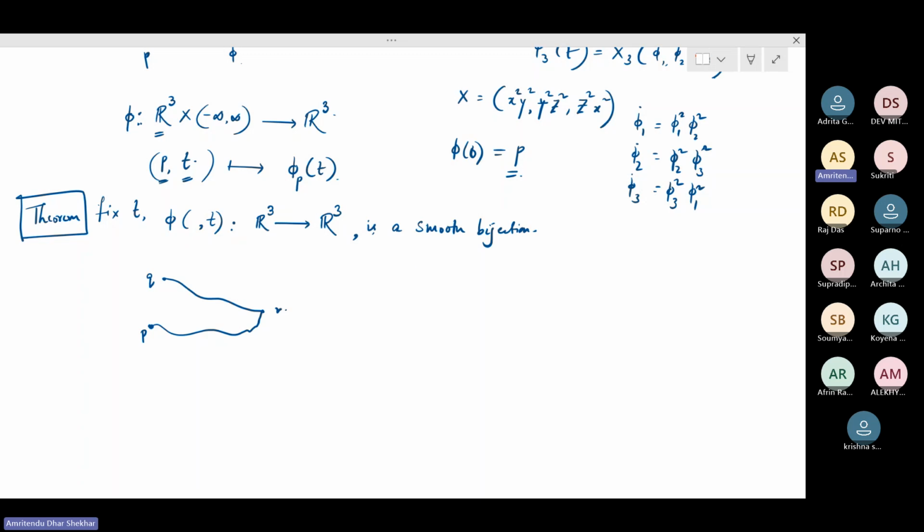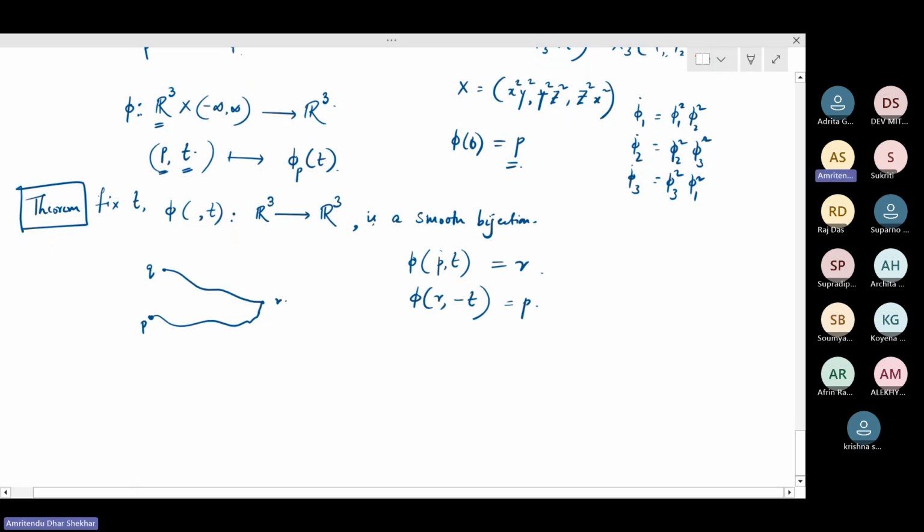If I started off from a point P and flowed for time T and arrived at a point R, then if I start from R and flow for time minus T, which means I flow in the opposite direction, I will get back to P. This is supposed to be very intuitive, right?